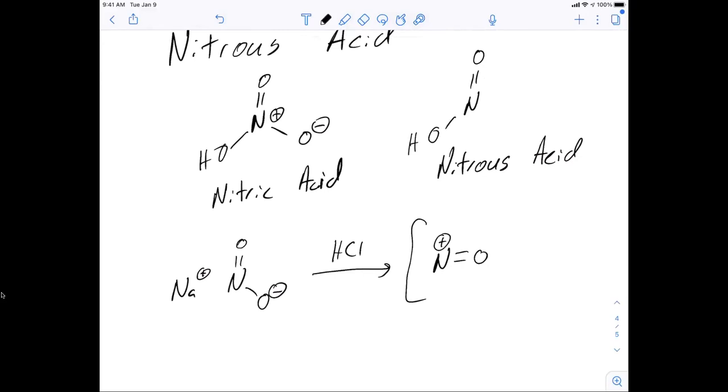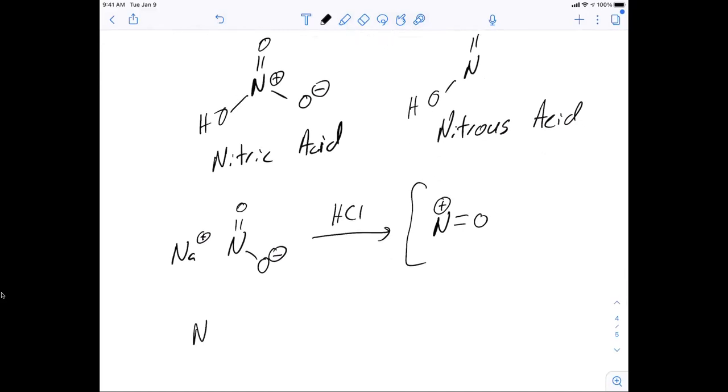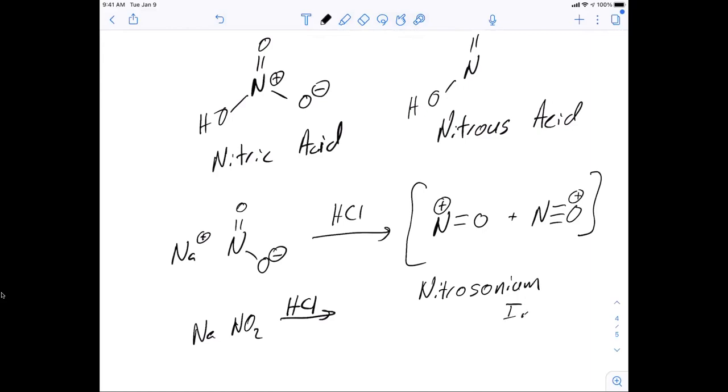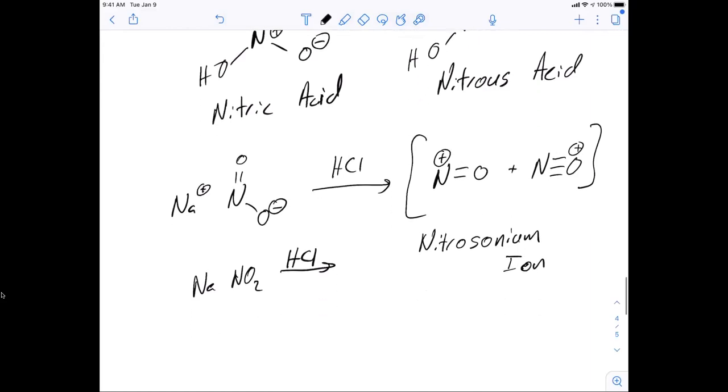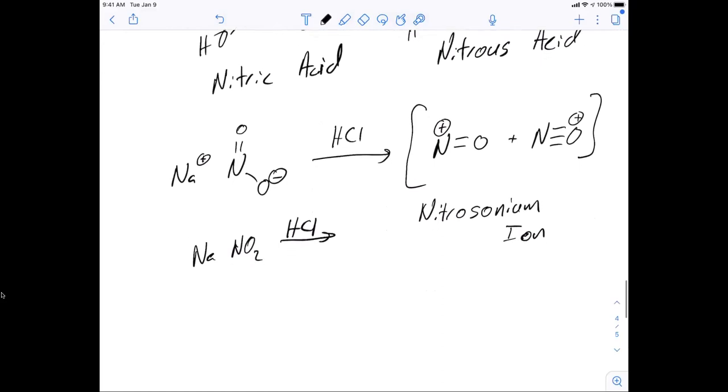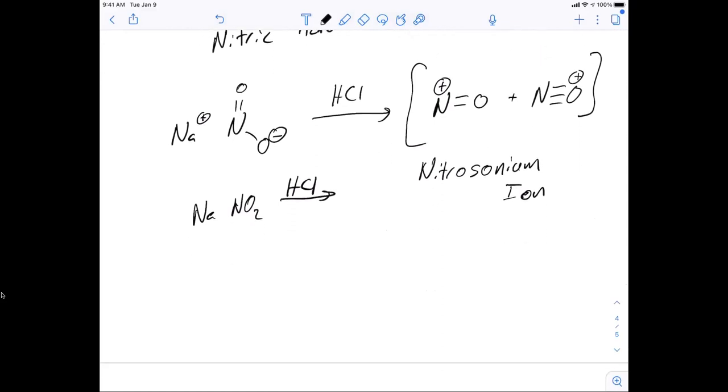If we put sodium nitrite in HCl, this is the way you're going to see it most often, you end up with this nitroso ion. So the way we're going to be using this is we're going to react these with amines.